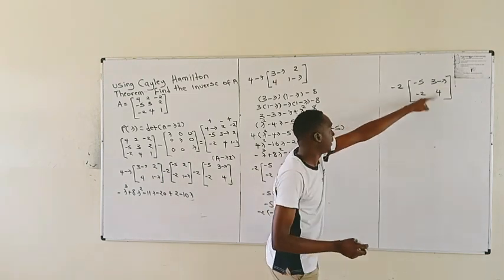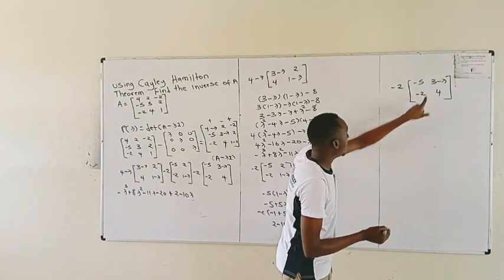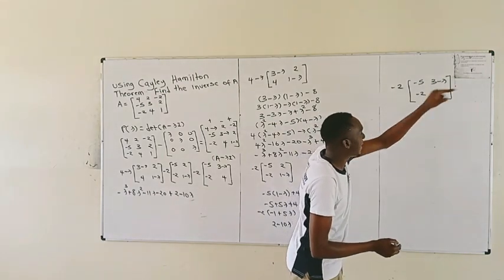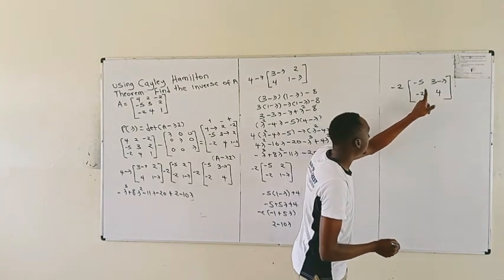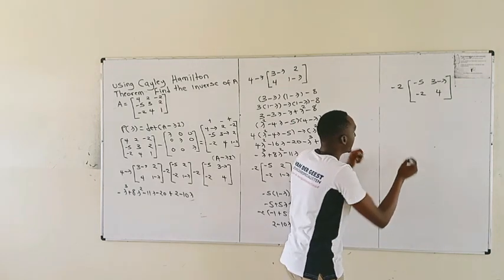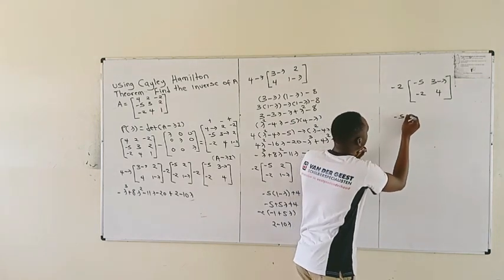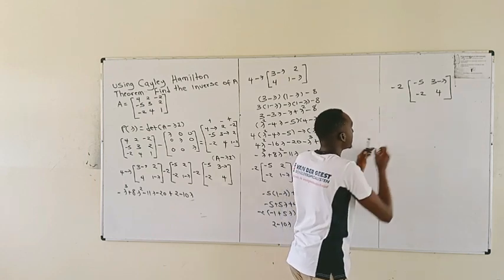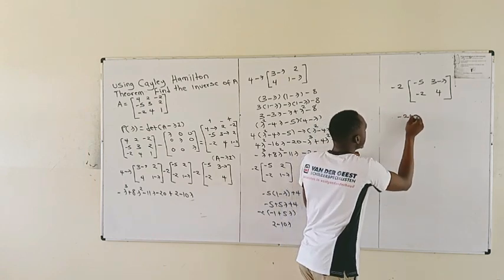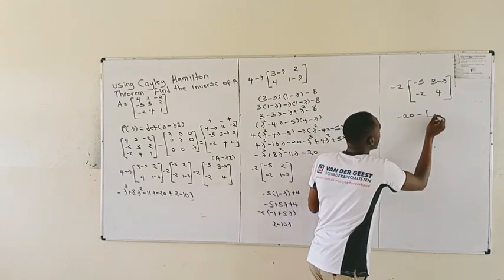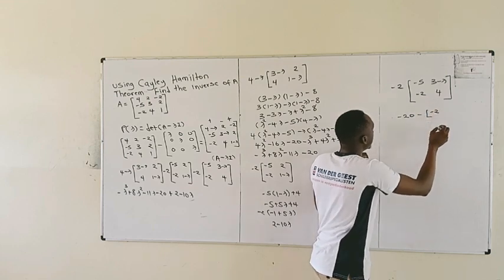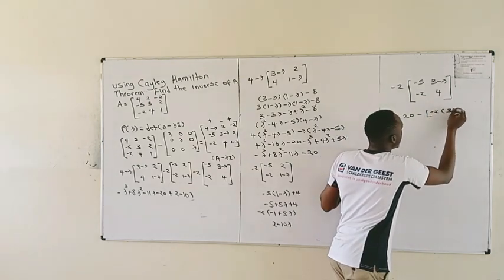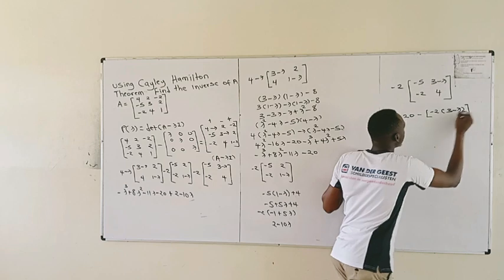Let's start with the inner part. We have minus 5 times 4 minus negative 2 times 3 minus lambda. So we have minus 5 times 4, which is minus 20. So minus 20 minus, in bracket, minus 2 times 3 minus lambda.